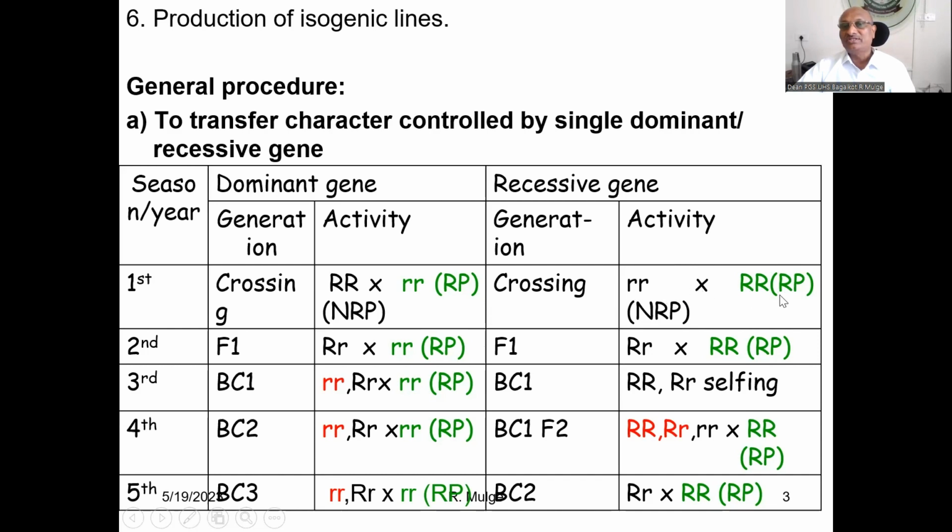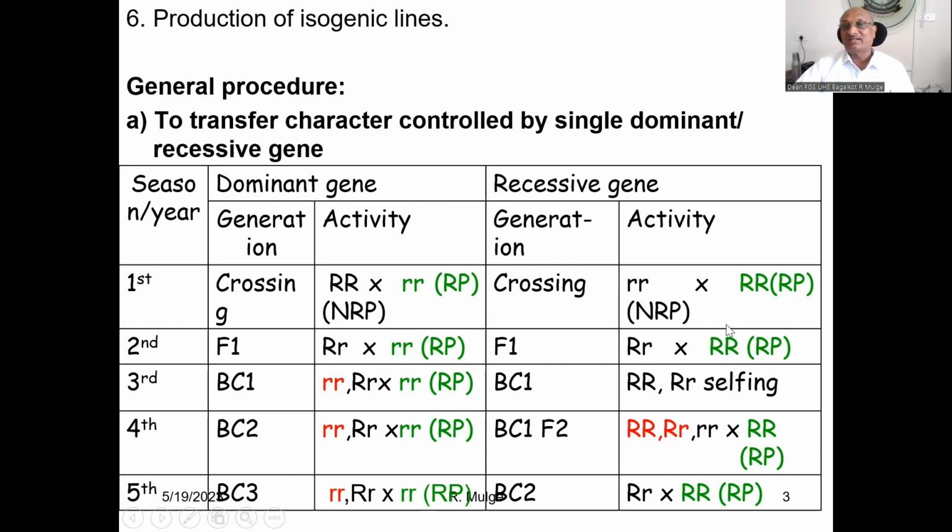You are going to cross these two, homozygous dominant and homozygous recessive. One type of gametes has the recessive allele and the other has the dominant allele. They fertilize to form the zygote, which is heterozygous, and this heterozygous is nothing but your F1.